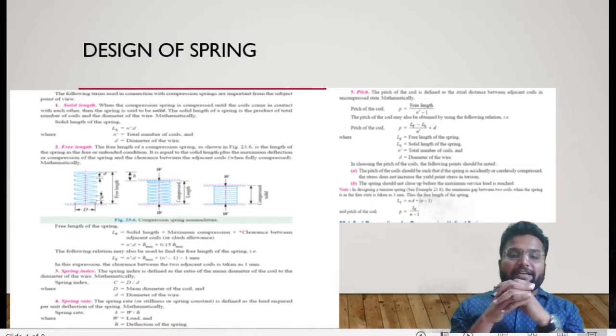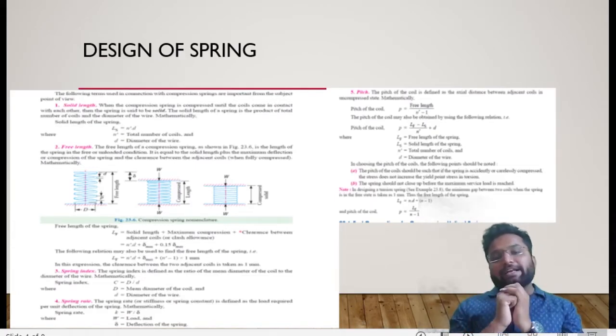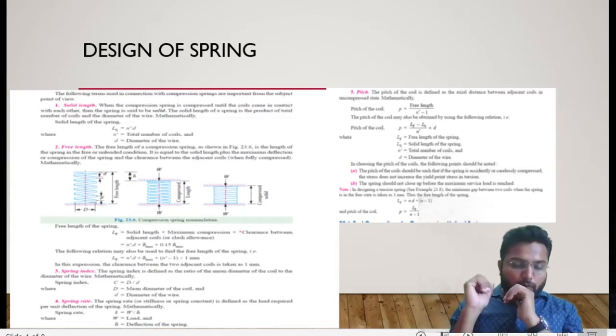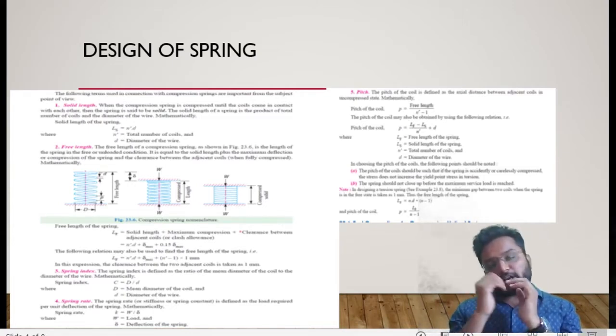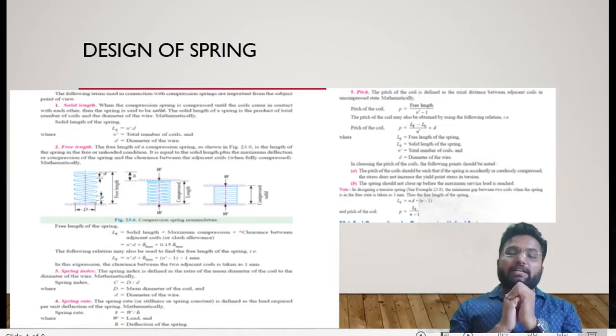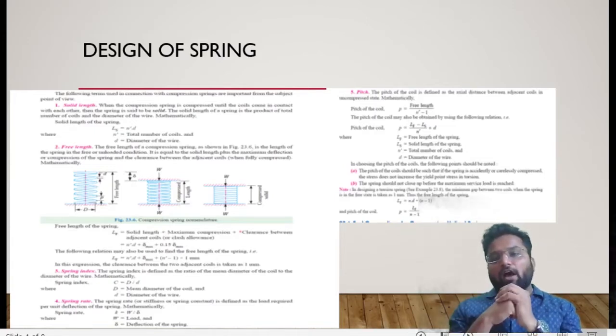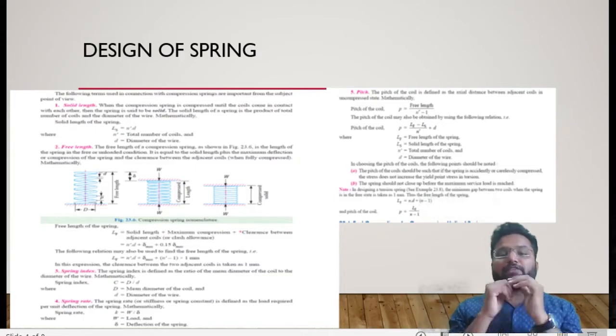Third thing to understand is spring index. This spring index is the most important terminology in our spring, because in industries, when we are asked to find types of spring, we are provided with the spring index.